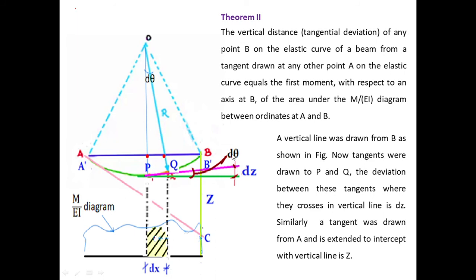Not for the straight line, but for the points P and Q on the elastic curve, the tangents are drawn, right? These two tangents intercept the vertical line. At that point, we have to measure the vertical distance, that is dz.